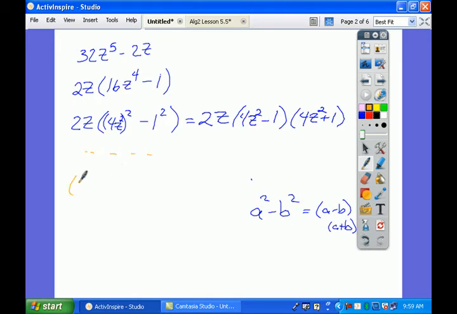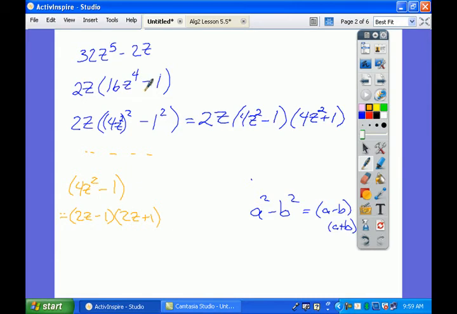This is similar to a problem that we would have seen before. If I gave you 4z squared minus 1, and I just asked you to factor that, well, we've seen this before. It's 2z minus 1, 2z plus 1.